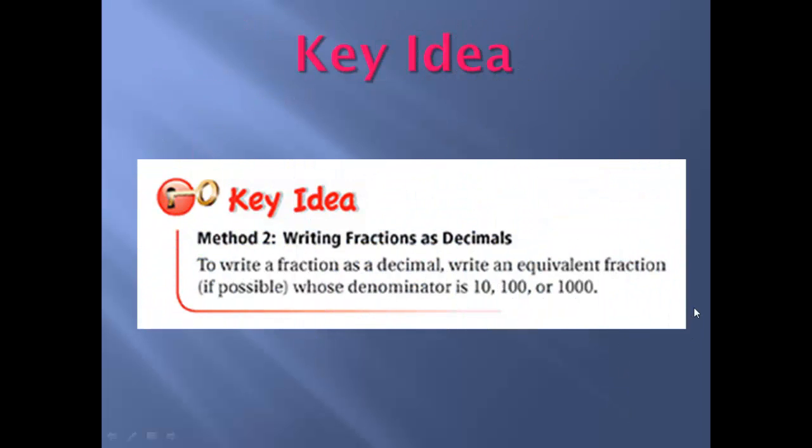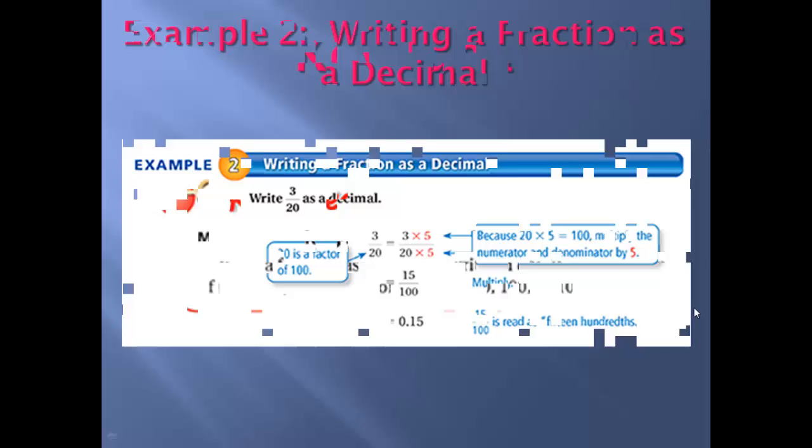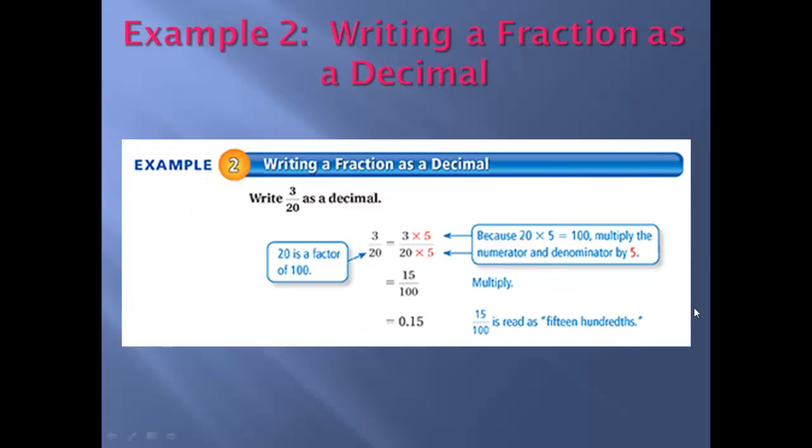Now for our next key idea, for method 2 for writing fractions as decimals. To write a fraction as a decimal, write an equivalent fraction, if possible, whose denominator is 10, 100, or 1000. For our second example, we want to write 3/20 as a decimal. We can multiply 20 by 5 to get 100 on the bottom.